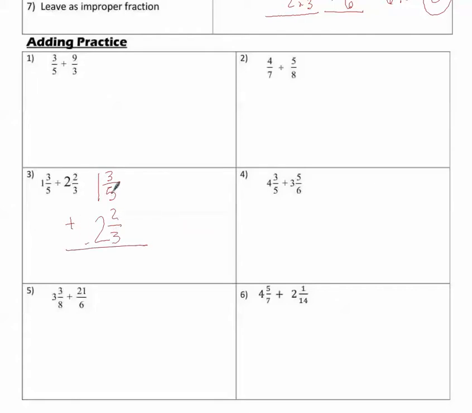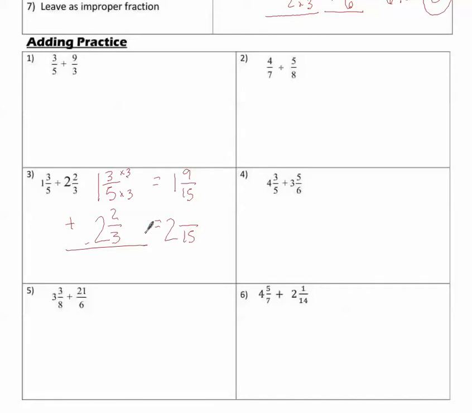You want to get your least common denominator between 5 and 3, which is 15. To go from 5 to 15, you must multiply by 3. Whatever you do to the bottom, you must do to the top. 3 times 3 is 9. My new fraction is 1 and 9/15.